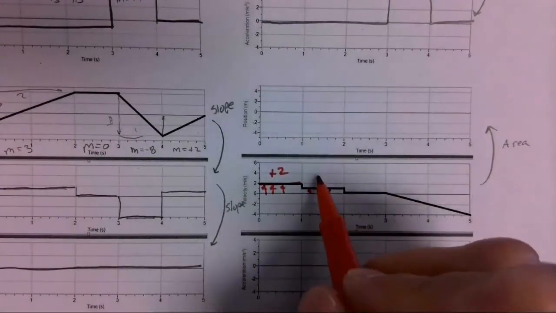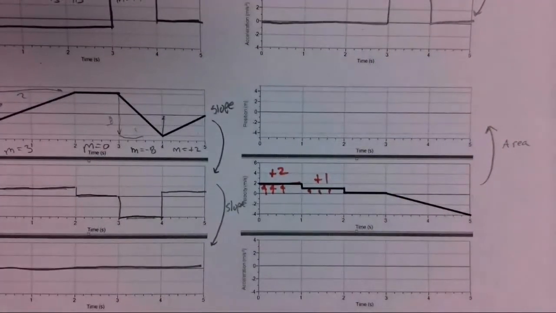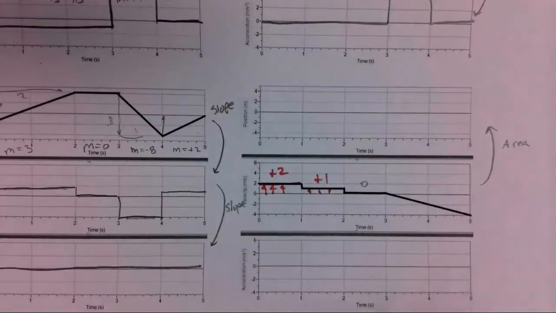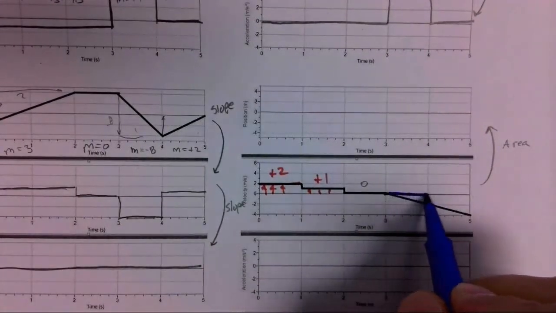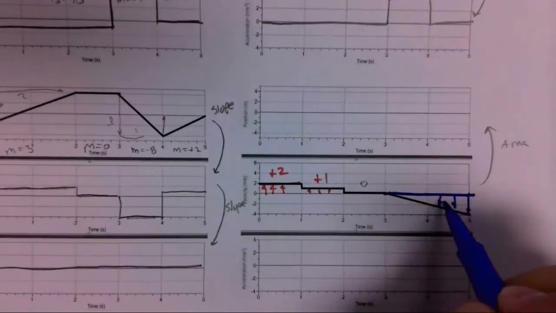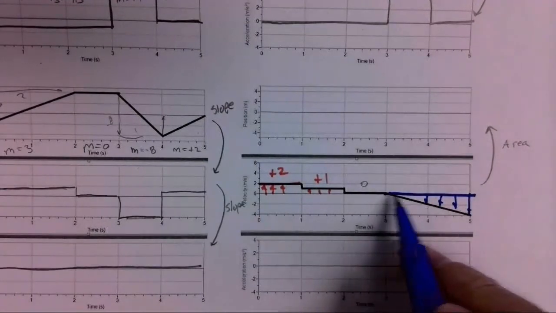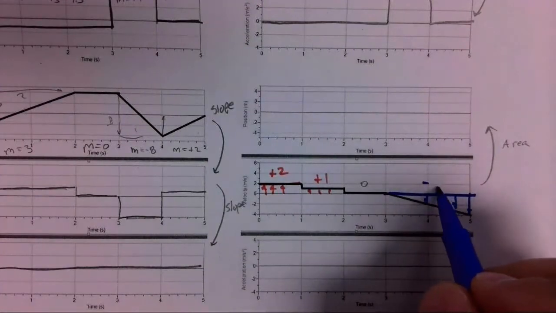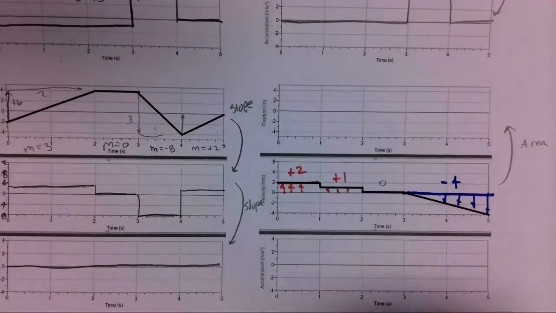This area is a positive 1. This area right here is a 0. And this area is below the axes. So this is 2 times 4, which is 8. Half of that is negative 4. Now remember that it's below the axis, so you have a negative number.